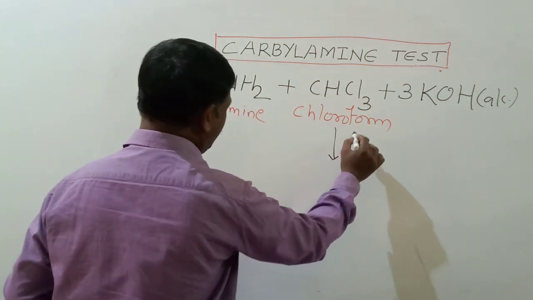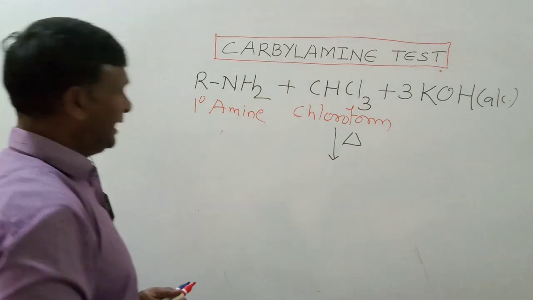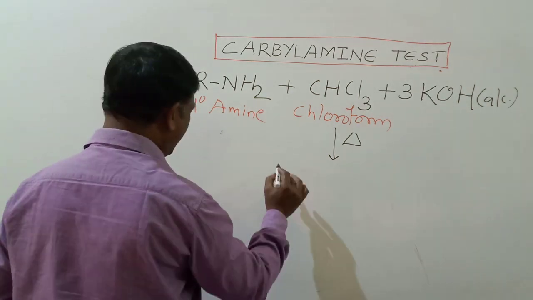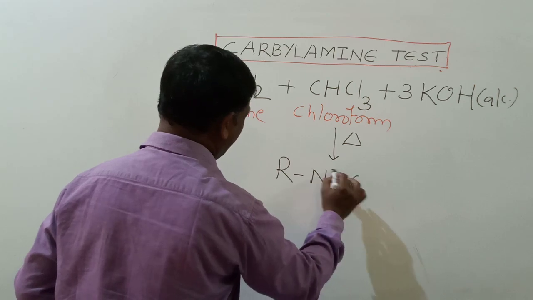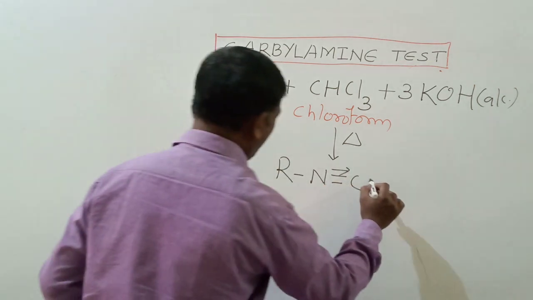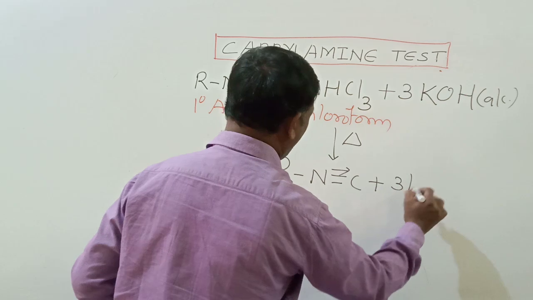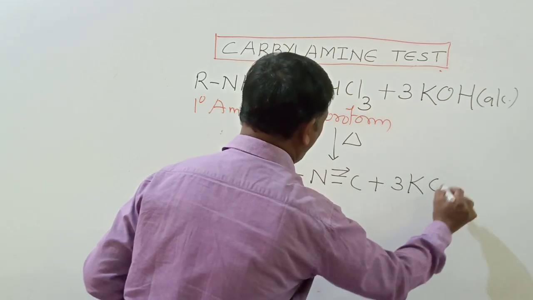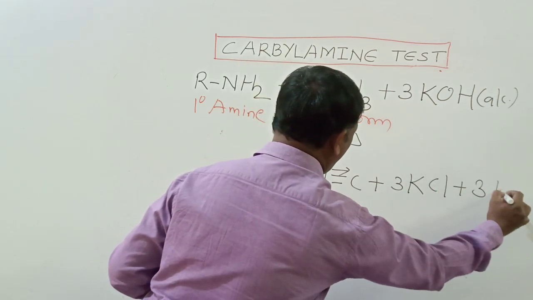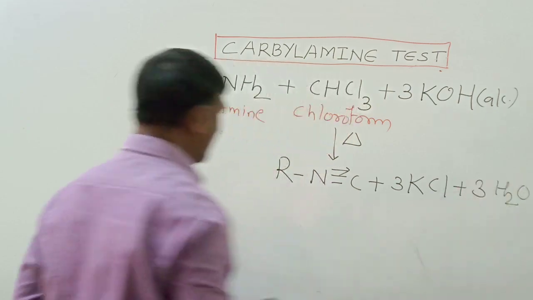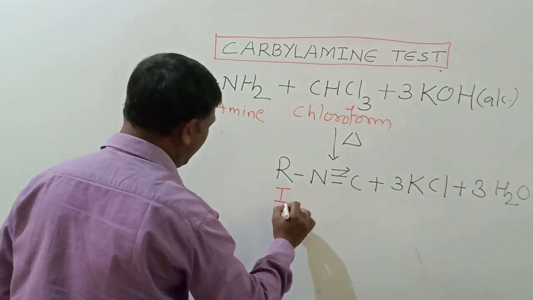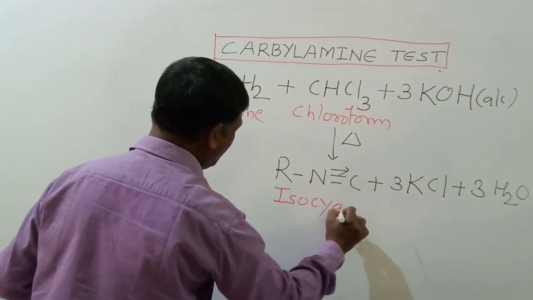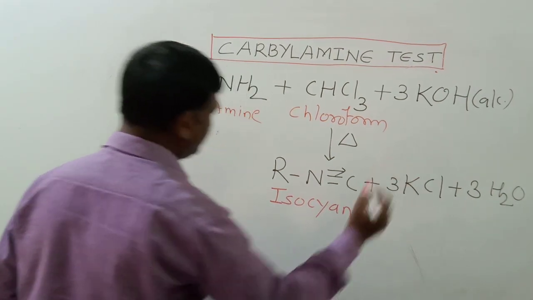The reaction just requires simple heating, whereby there is formation of RNC plus 3 moles of potassium chloride and 3 moles of water molecule. The product obtained here is called an isocyanide.